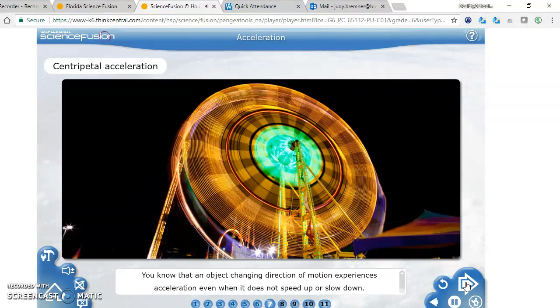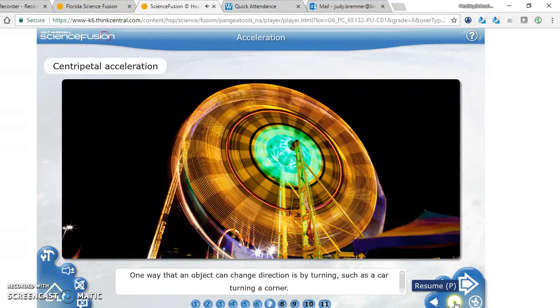Let's talk about centripetal acceleration. You know that an object changing direction of motion experiences acceleration even when it does not speed up or slow down. One way that an object can change direction is by turning, such as a car turning a corner. But what happens when an object is always turning?